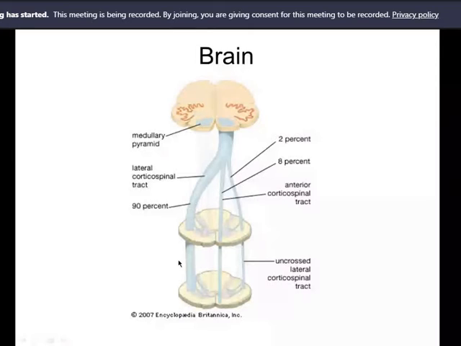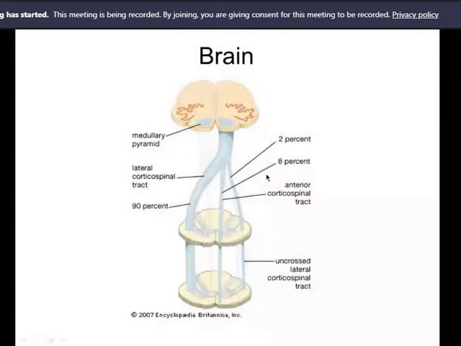So it is called the lateral corticospinal tract. And about 10 to 20% comes anteriorly. Some very little skillful movement can be done in the trunk also, right?